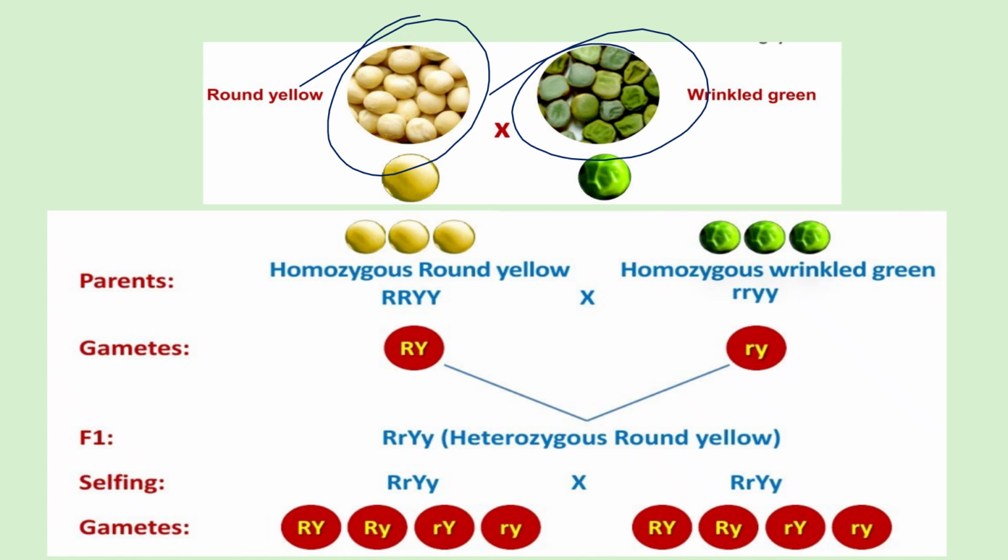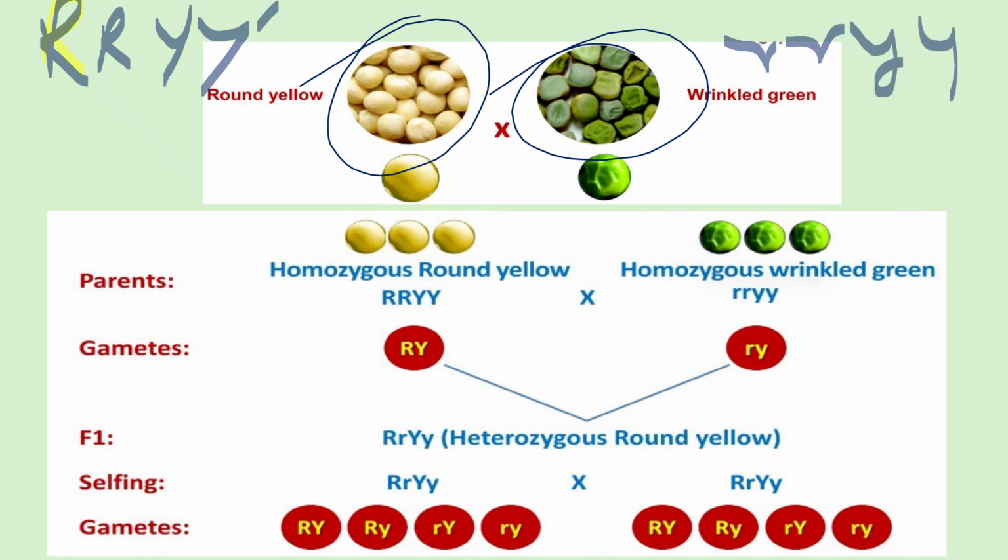So I would be writing it somewhat like this, I'll use a different color: round and yellow. Since round and yellow are dominant, we will use capital letters for these, and for wrinkled we will use small r, and for green we will use small y.